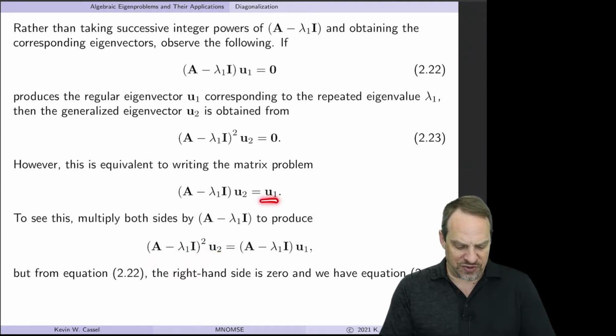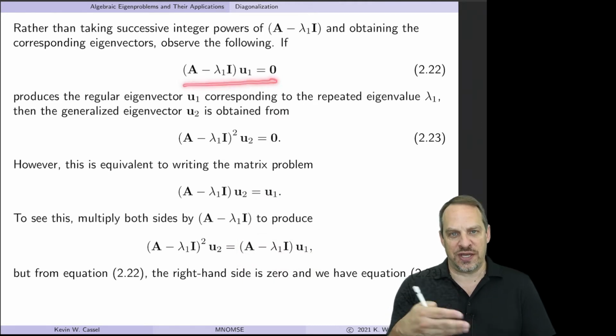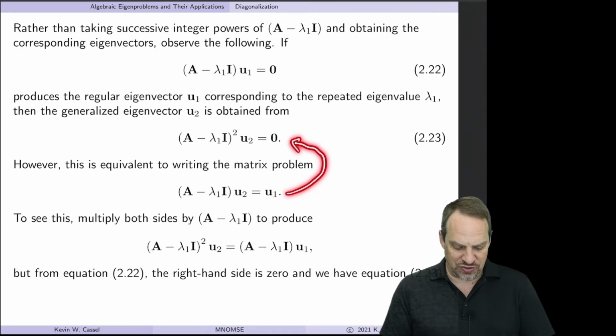And then on the right, I have (A - λ1 I) times u1. But (A - λ1 I) u1 is just equal to 0 from the original eigenproblem that I used to get the regular eigenvector u1. So this is then equal to 0, and so these two expressions are mathematically equivalent.